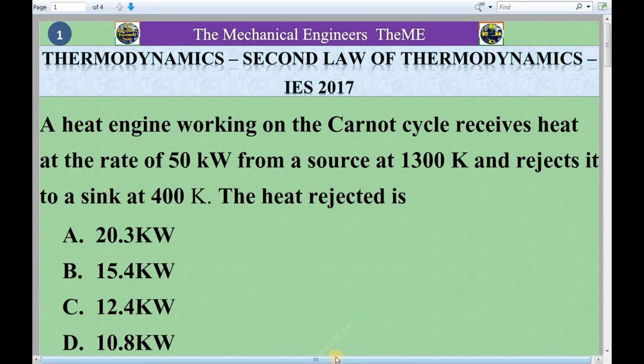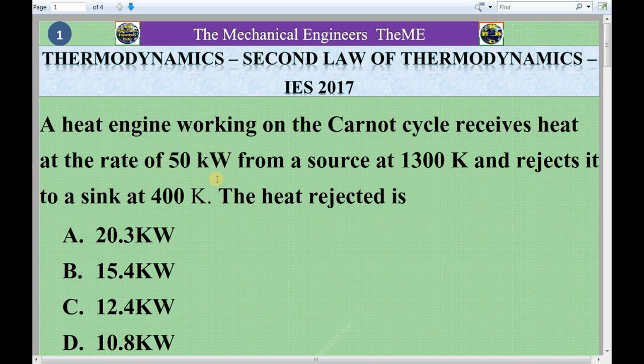Now I will analyze the question. There is a heat engine. The working principle of the heat engine is the Carnot cycle. The heat engine receives heat from the source. The temperature of the source is 1300 Kelvin and the amount of heat received from the source is 50 kilowatt. The heat engine utilizes this heat to produce work output.